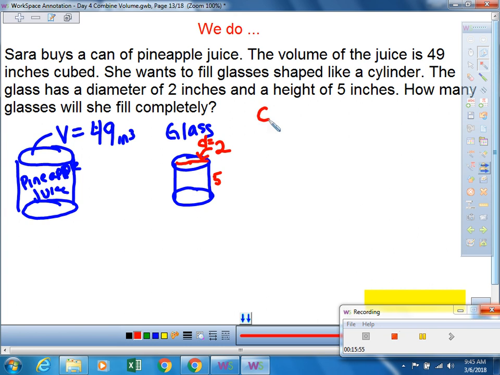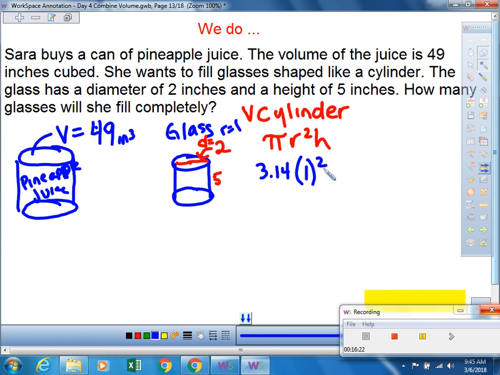So this is a cylinder, so the volume of a cylinder, and the cylinder is what? Pi r squared h. So let's fill in 3.14. What's my radius? 1, right? Because the diameter is 2. So the radius is half of that. It's 1.